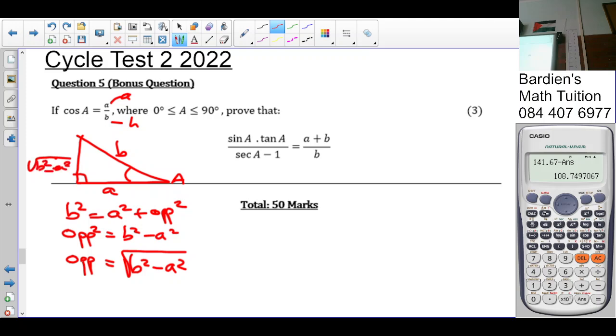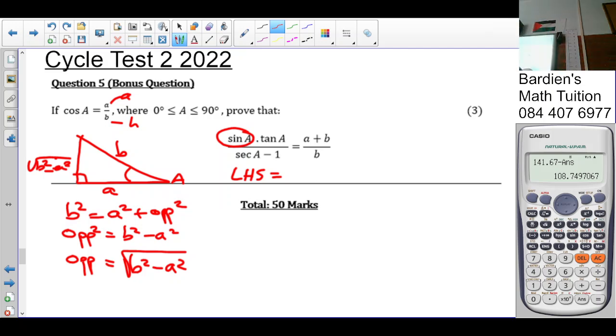Okay. Now we come to what they ask. The question is, prove that that is the case. So this is a left and right hand side story. It's an identity, okay? So we say the left hand side of the equal sign is equal to. Now what does sine stand for? Sine can be written as the ratio opposite over hypotenuse.